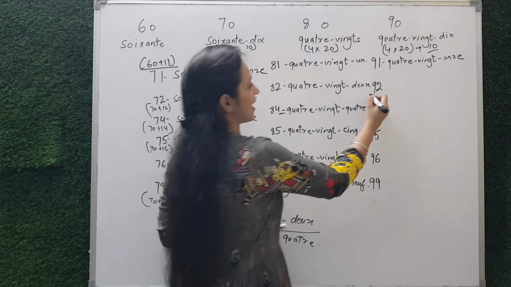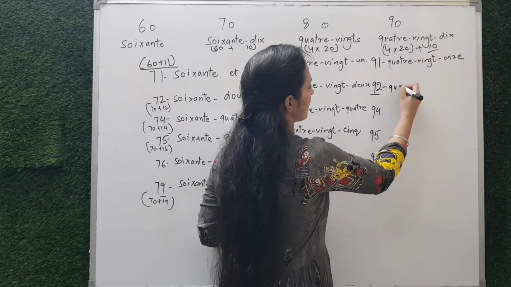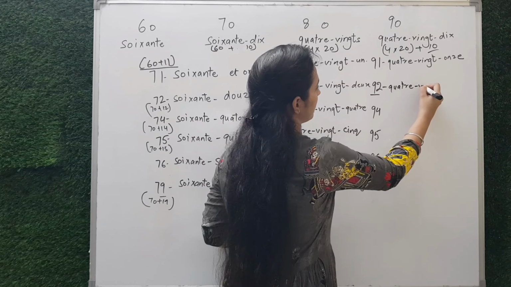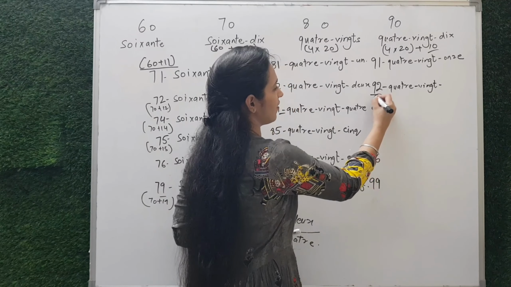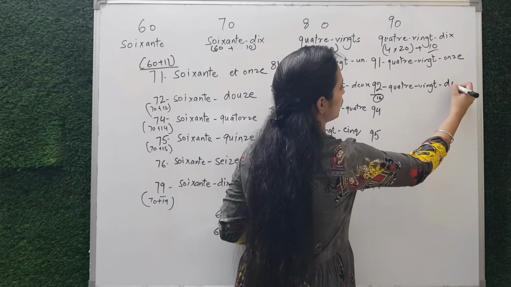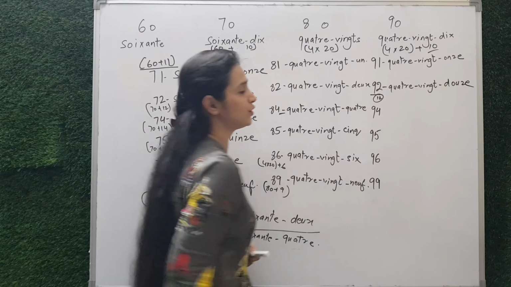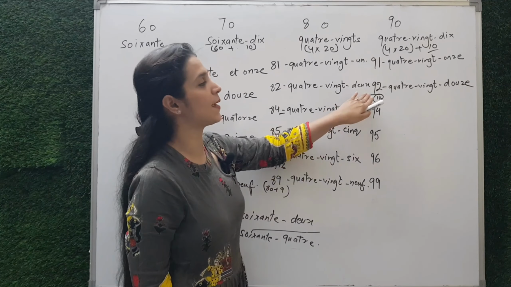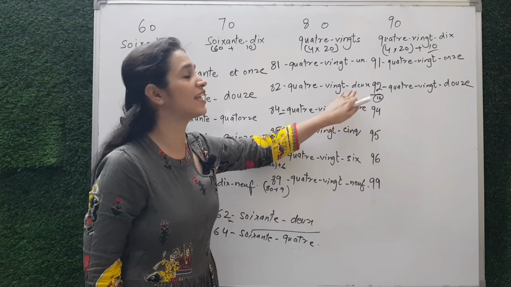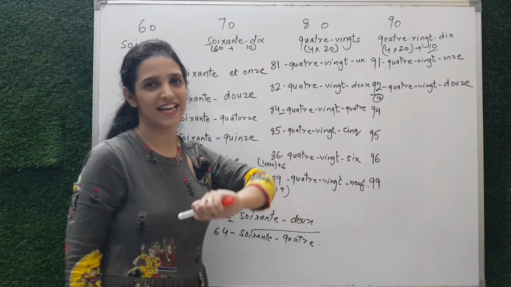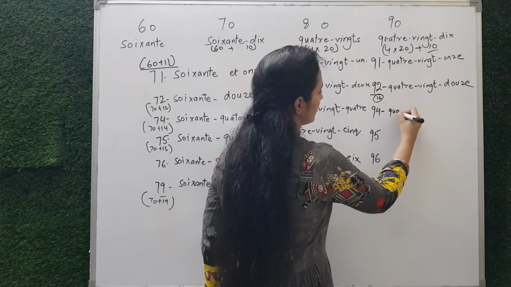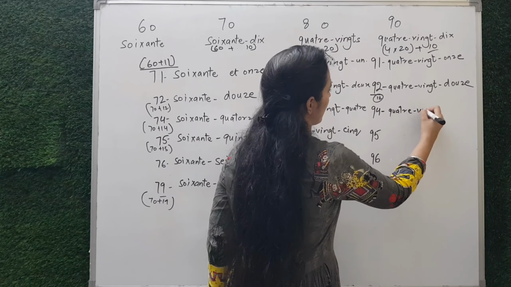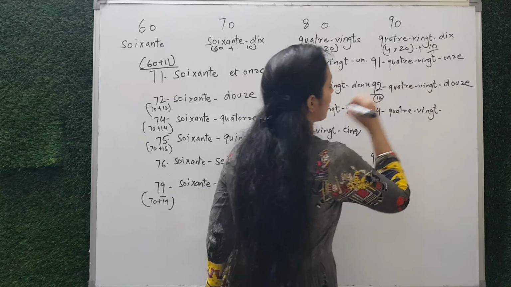So, next one is 92. What would be 92? First, we will write quatre-vingts. And what is 12? It is douze. Quatre-vingts, douze. So, this becomes 80 plus 12, which becomes 92. Next is 94. Quatre-vingts. What is 14?